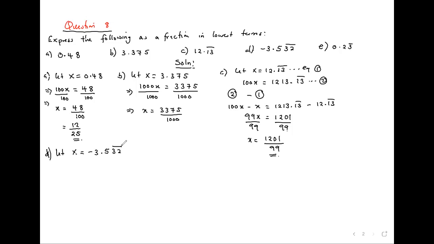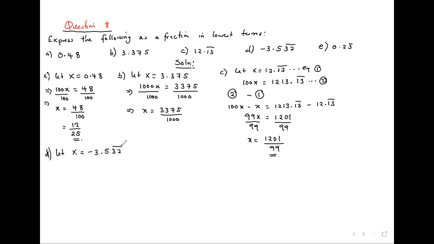So we'll count how many numbers. You always want to name your equation 1 as an equation which has all the numbers after the decimal under the bar. So now we have 5 as a decimal, but not under the bar.